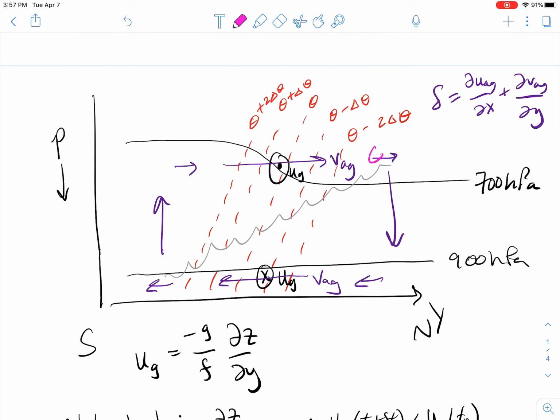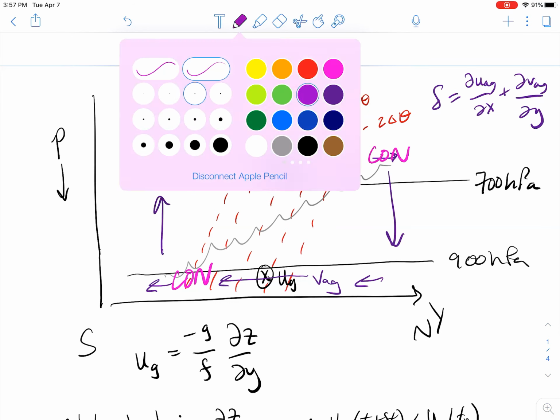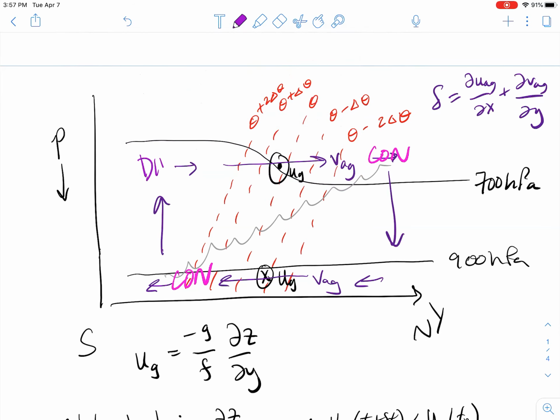And we get convergence where we have the slowing of our ageostrophic wind, and divergence in our other locations. And so we get this convergence axis between the lower left and the upper right, which corresponds to our region of enhanced vorticity generation, and thus then enhanced gradients in potential temperature.